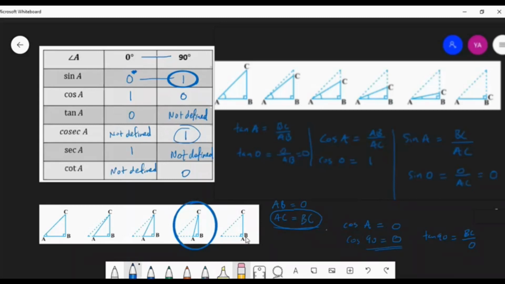Sin 45 we know is 1 by root 2, and sin 30 is 1 by 2. Those are all between 0 and 1. Similarly, cos 0 is equal to 1 and it is decreasing, and when the angle becomes 90, that will become 0.